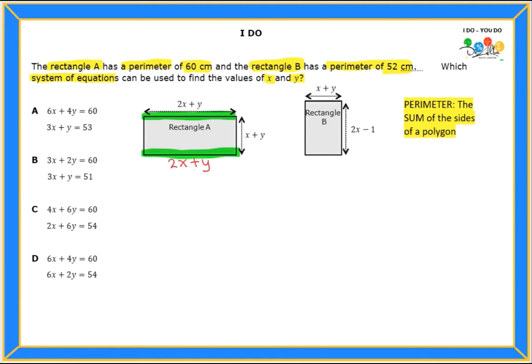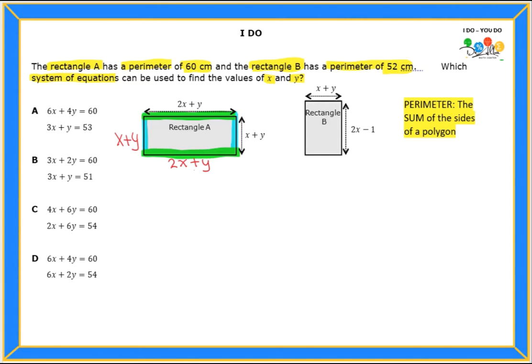Let's go on to the width. The width is represented with x plus y. Therefore, the opposite side, which is also the width, has to be x plus y as well. Okay? So I can take care of rectangle A and find the perimeter for that.